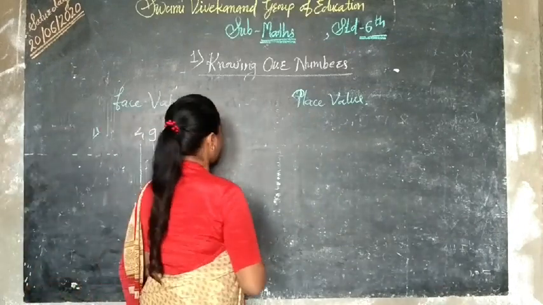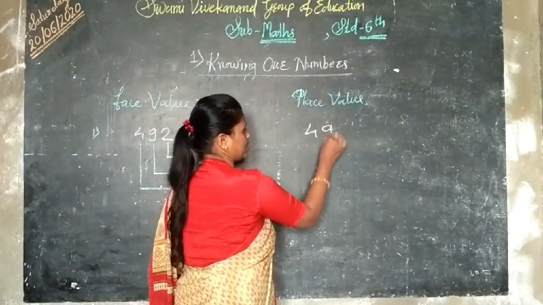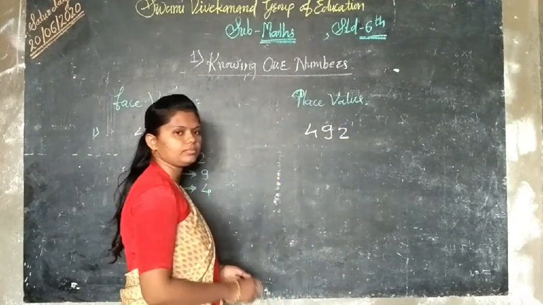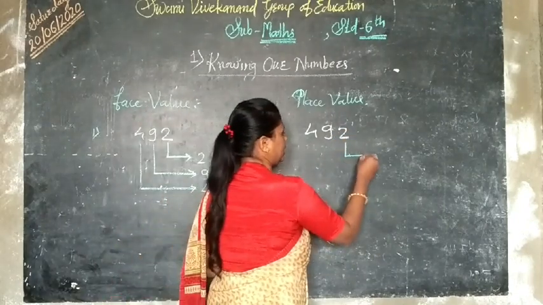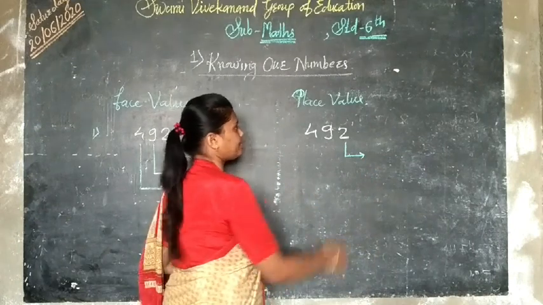Whereas whenever you are writing the place values, you take the same example. The place value of 2 belongs with its place.